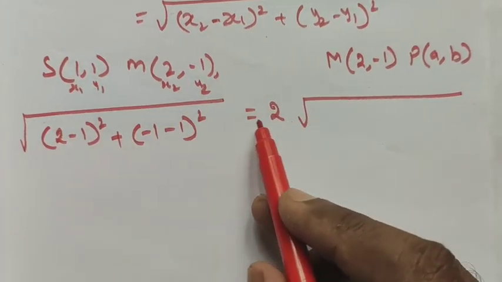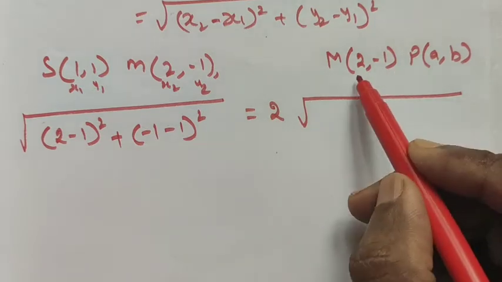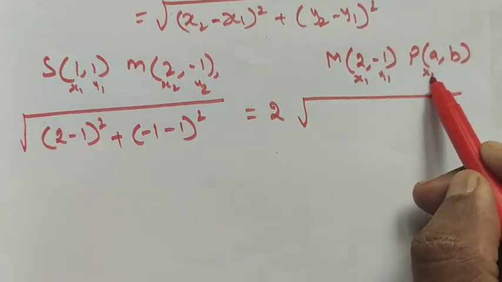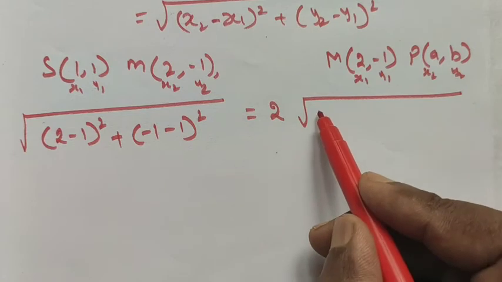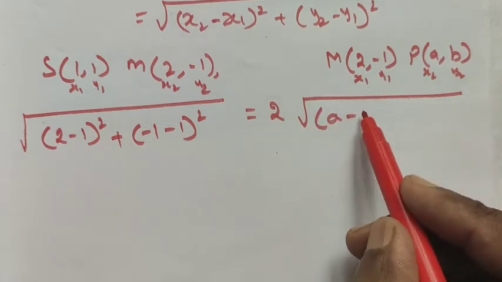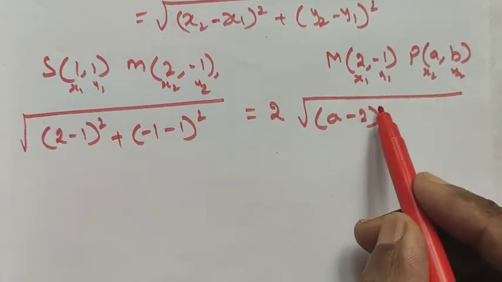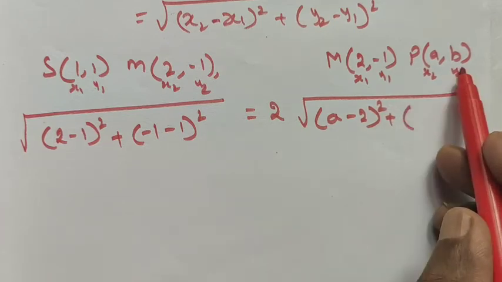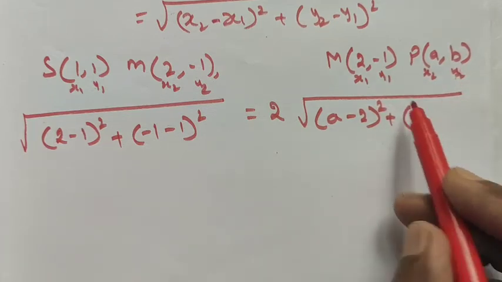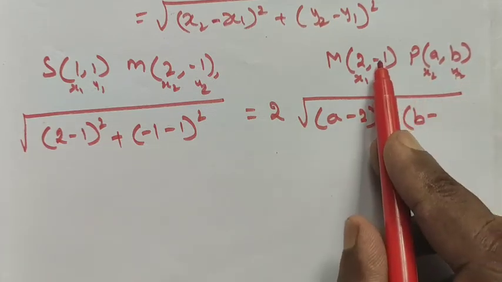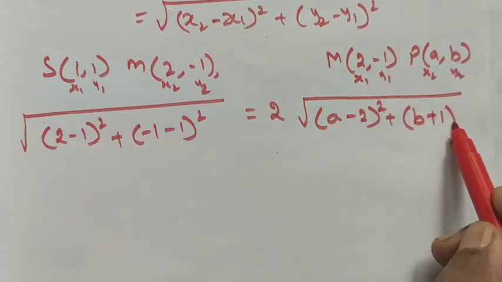This is equal to 2 times the distance for the points, taking the first point as x1, y1 and the second as x2, y2. Here the second point is A minus the first point's x1, which is 2, whole square, plus B minus y1, which is minus 1. Minus of minus gives plus 1, whole square.